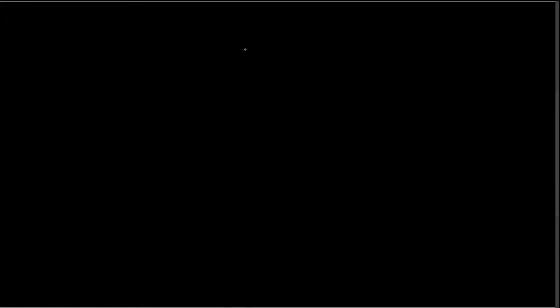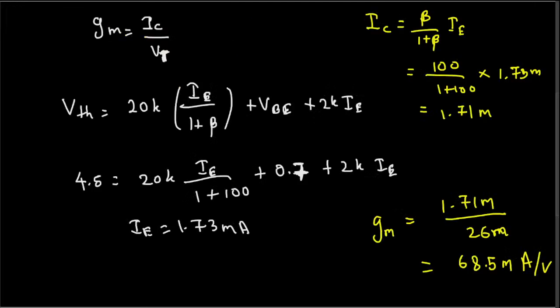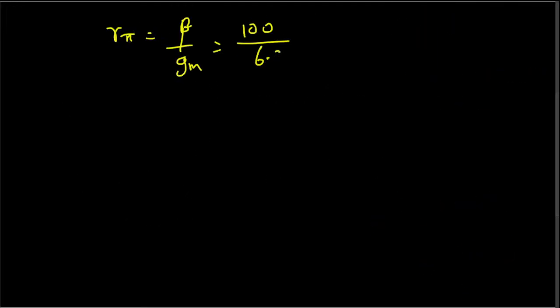First, if we start with calculating R5, R5 is nothing but beta over gm, and beta is available to us, that is 100, and gm is available to us, that is 68.5 milli. If you calculate this, you are going to end up getting 1.46 kilo ohm resistance.